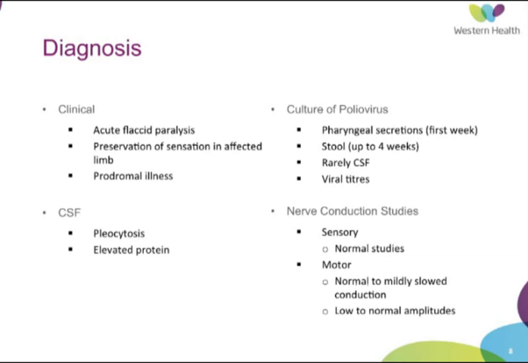Culturing of the virus: pharyngeal, that's fecal-oral transmission. Pharyngeal secretions and swabs are positive for the first week of the virus, and the stool for up to 4 weeks after. And this positive stool culture is the route by which it's spread.